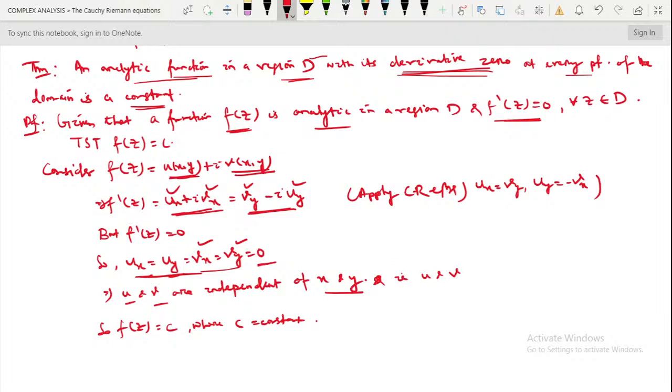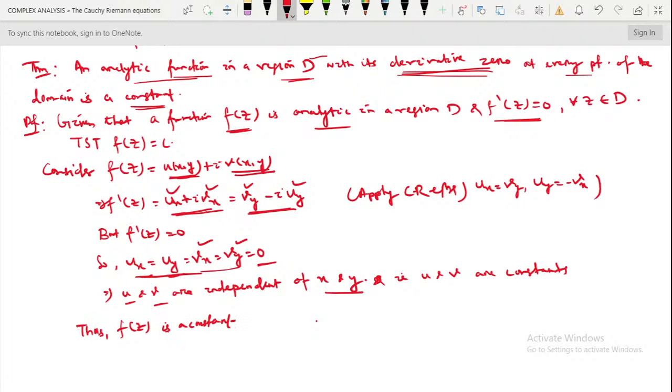That means u and v are constants, and z is constant.